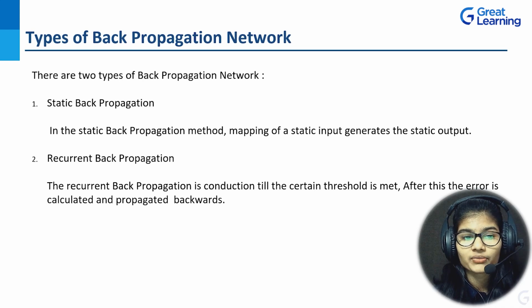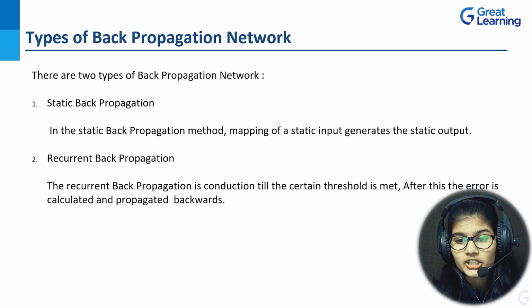And after this, the error is calculated and it is propagated backwards. So till a certain condition, a certain threshold is met, the recurrent back propagation is conducted, and after that the error is calculated.